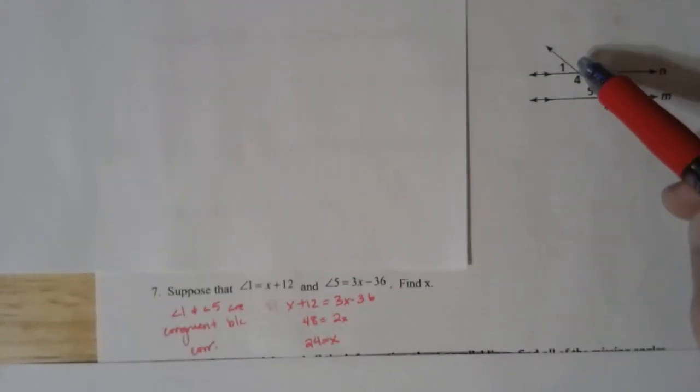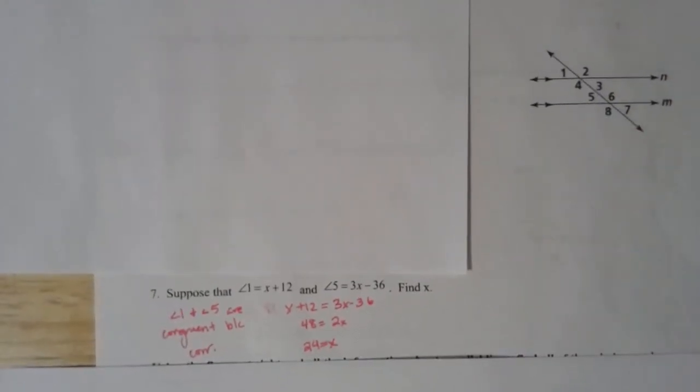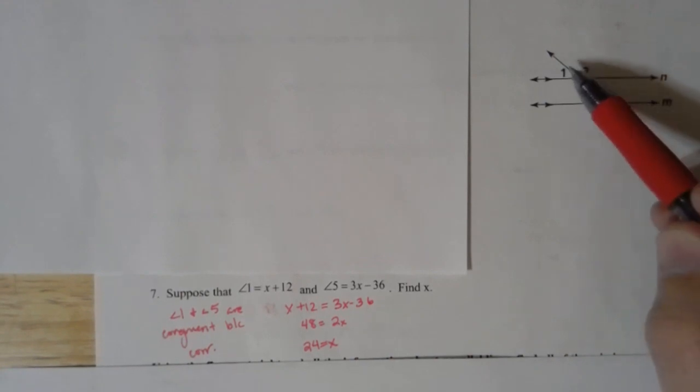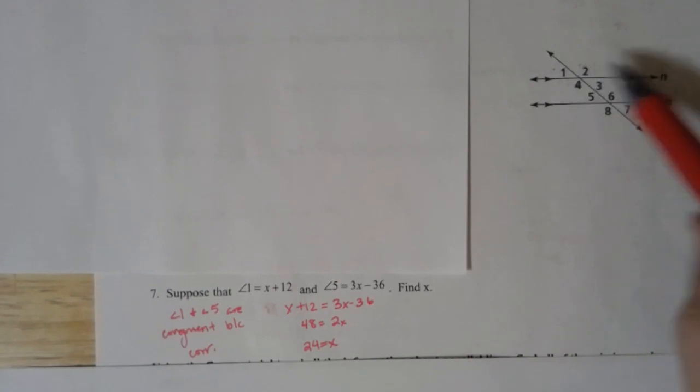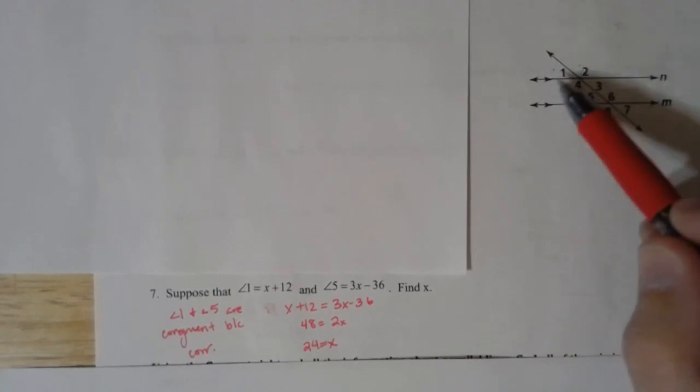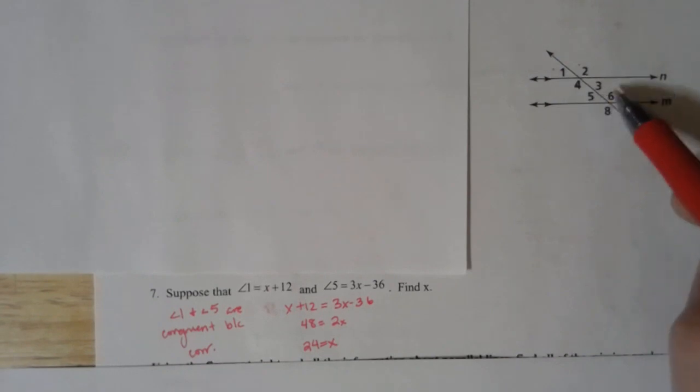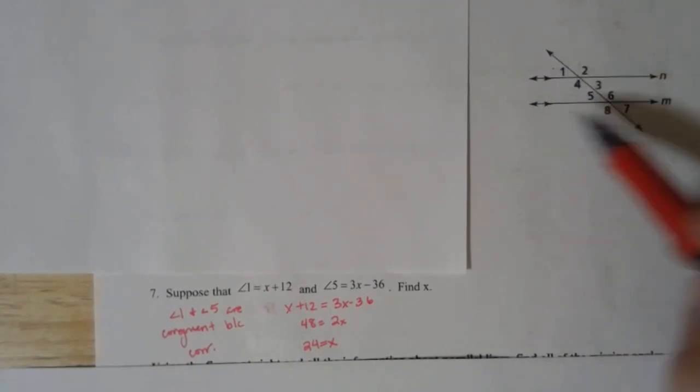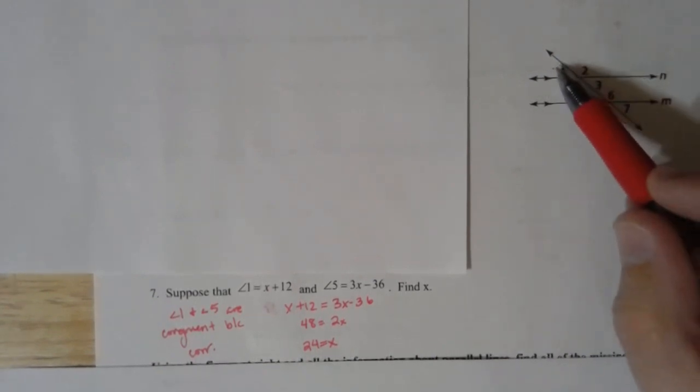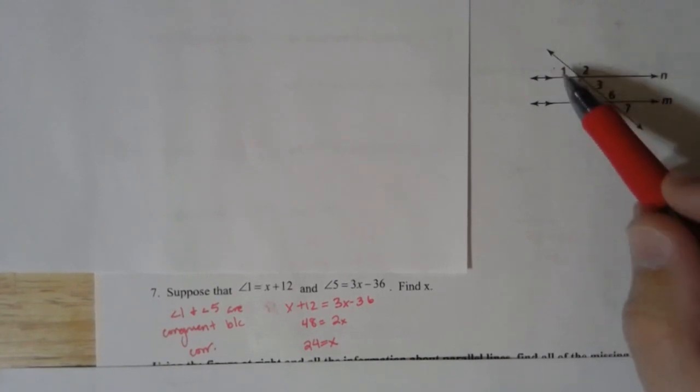So if we look at angle 1 and 5, they are both on the same side of the transversal, but 1 is in the exterior and 5 is in the interior. So we can't call them same side interior or same side exterior. But if we compare the groups of 4, we have this group of 4 right here, 1, 2, 3, and 4, the group of 4 angles that are created by the intersection of N and the transversal, and then 5, 6, 7, and 8 created by the transversal and line M. Well, angle 1 is in the top left of its group.